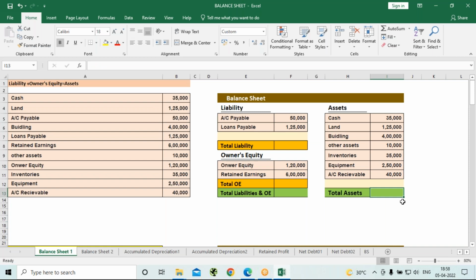So we will calculate this value. The total asset value is the sum of these. The total asset value should be equal to the total liability and the owner's equity. Let's check the total liability.